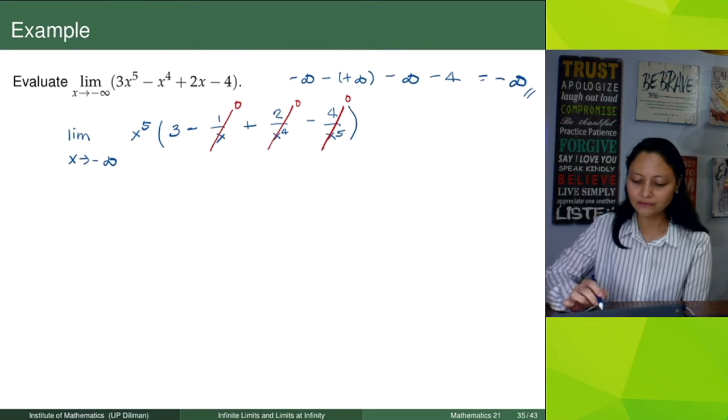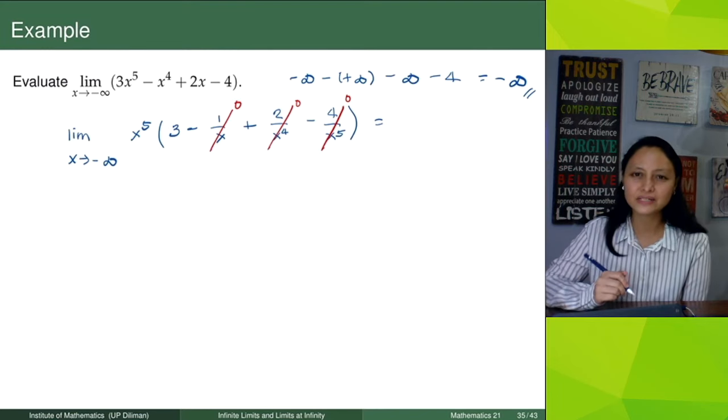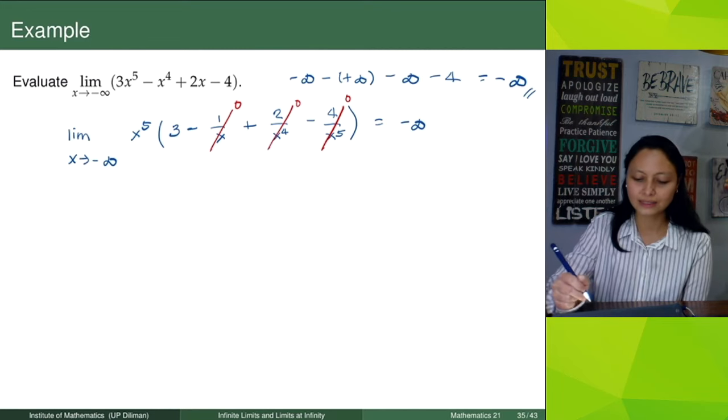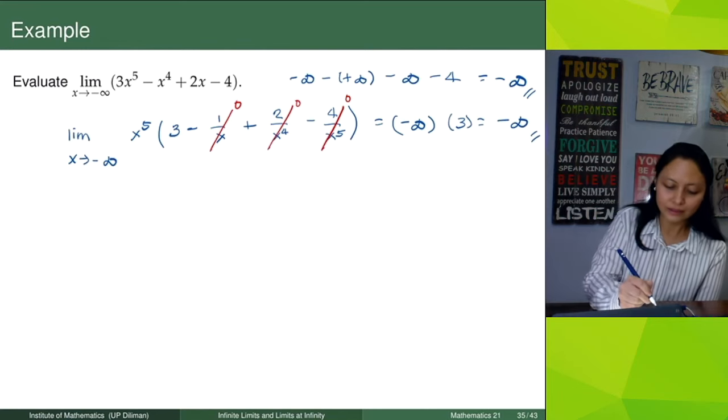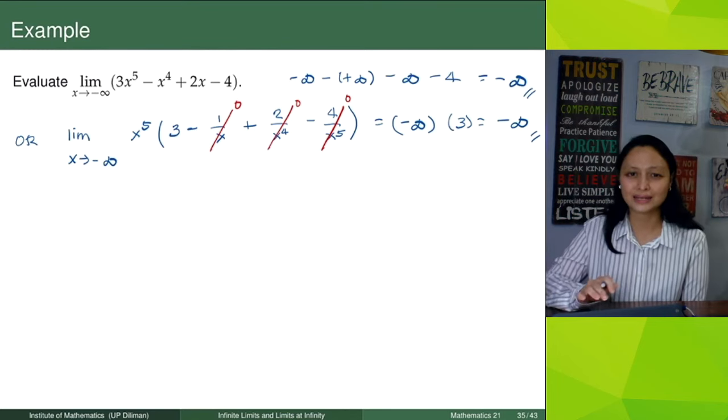Okay? So, what will you have left? Negative infinity raised to an odd exponent, 5, is equal to negative infinity. Okay? Times 3, that is still equal to negative infinity. Okay? So, kahit alin dyan sa solution na yan ay okay lang.